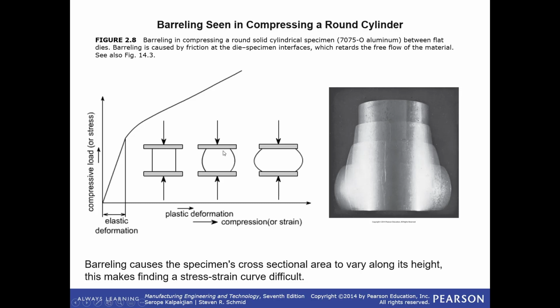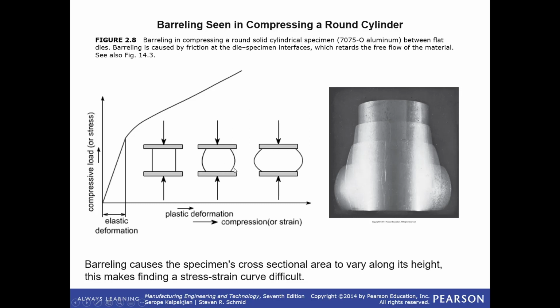What that means and why that happens is there's friction on both of these plates. As this gets crushed, rather than being able to slide out smoothly, it gets stuck on the plate, because even a minute amount of friction is going to end up screwing up test results.